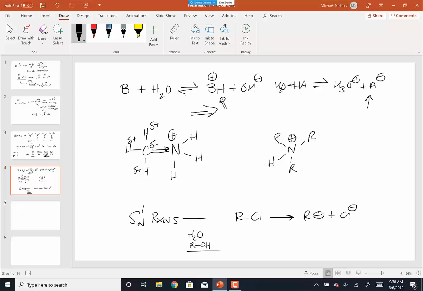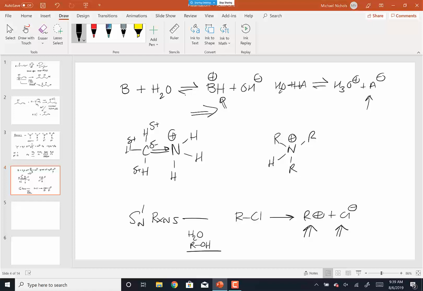Why? You only got 3 things here to solvate. So yes, it's going to solvate something better, by solvating the carbocation and the chloride.